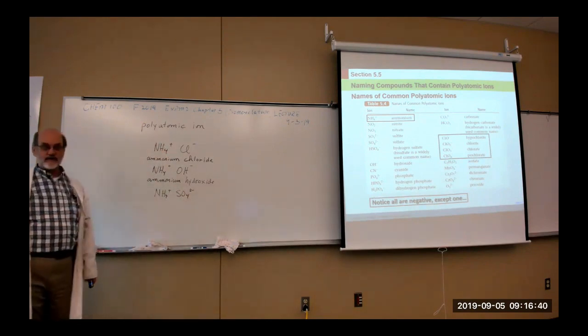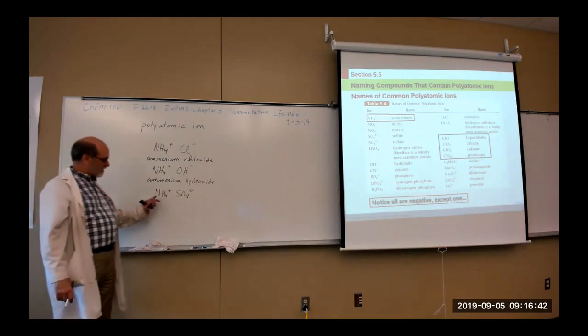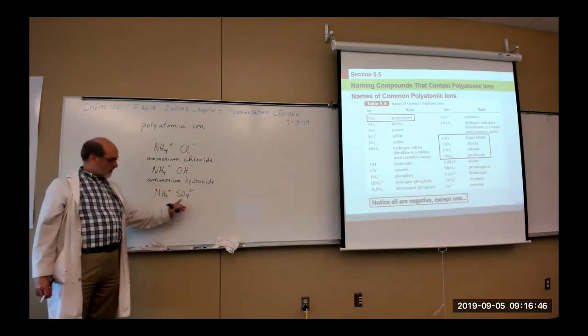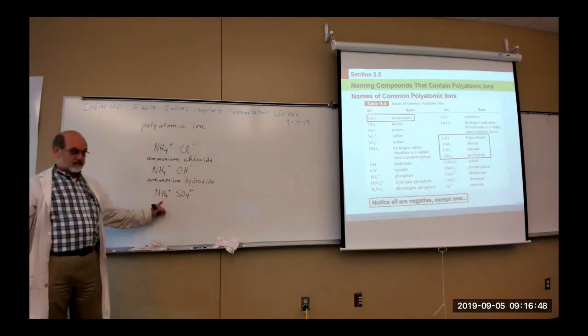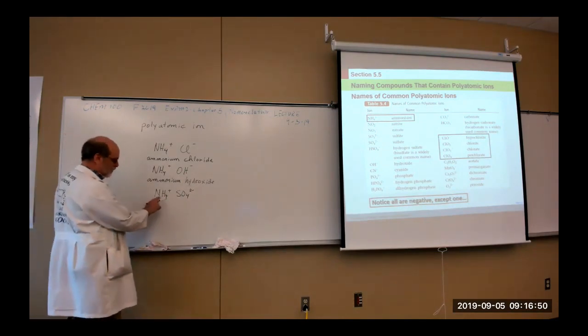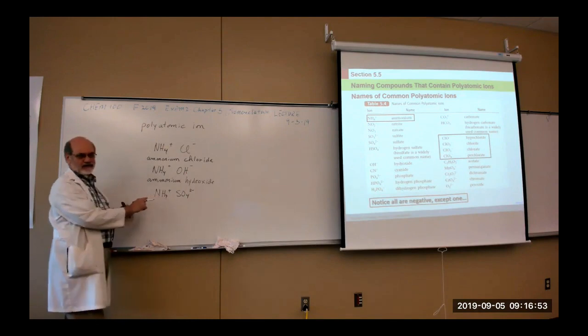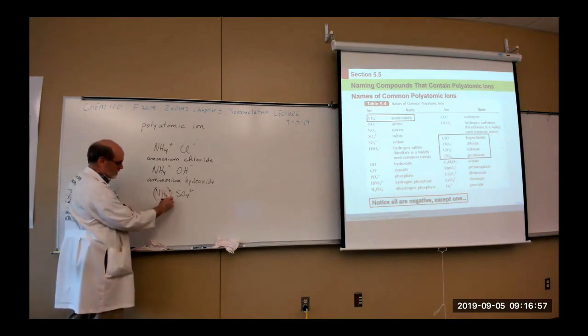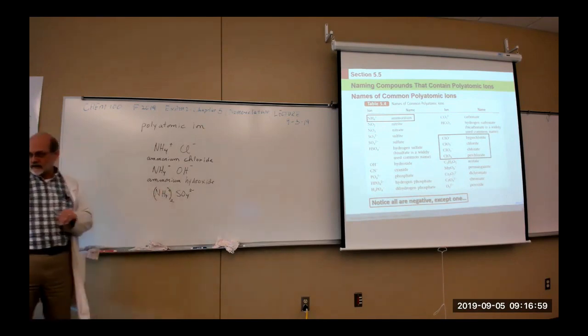Now, how are you going to balance the charge? That polyatomic has a +1. This polyatomic has a 2 minus. So you need 2 of these, don't you? Right? Well, you don't put a 2 down here and an 8 down there. You have to put a parentheses around it. You need 2 of those polyatomics.